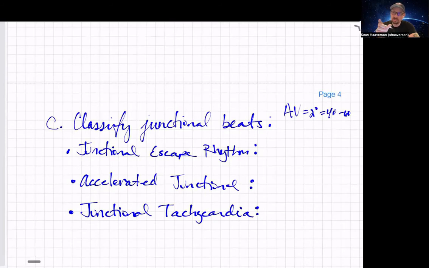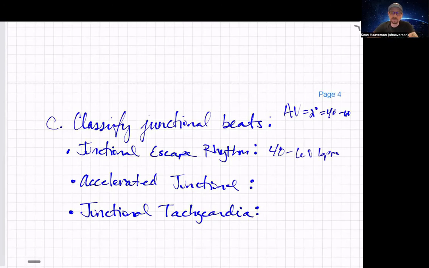So after the pause, not premature, instead of having a return to the sinus rhythm, we now have a junctional rhythm. It could be a single beat, but it could continue into multiple beats. If we're talking about a junctional escape beat, this would generally be the AV node taking over as its secondary pacemaker.